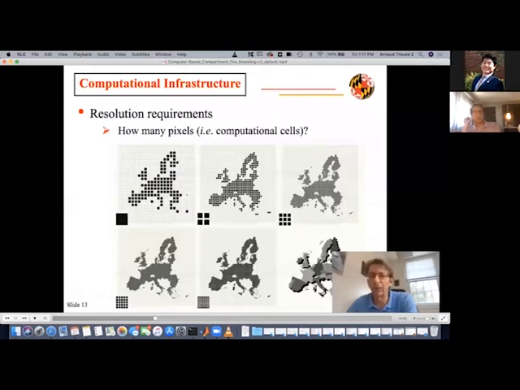These pixels are the equivalent of a computational cell in a CFD framework. We can see that the last picture on the lower right is the most accurate, that uses the largest number of pixels. That would be the level of resolution that we want if we want to emphasize accuracy.